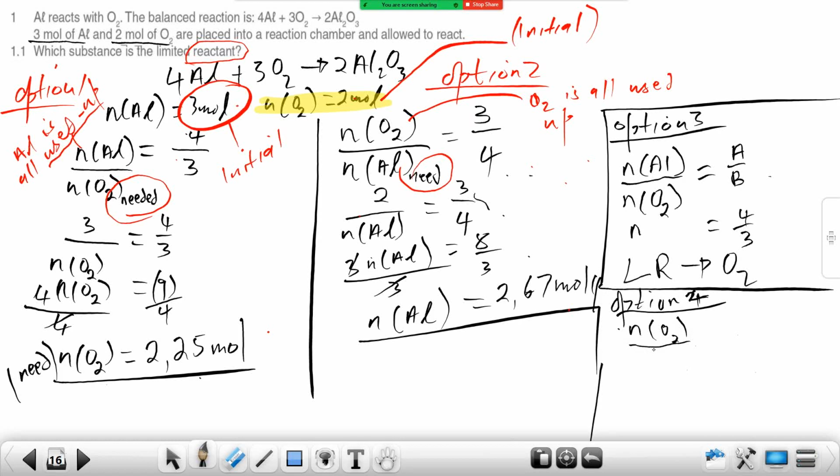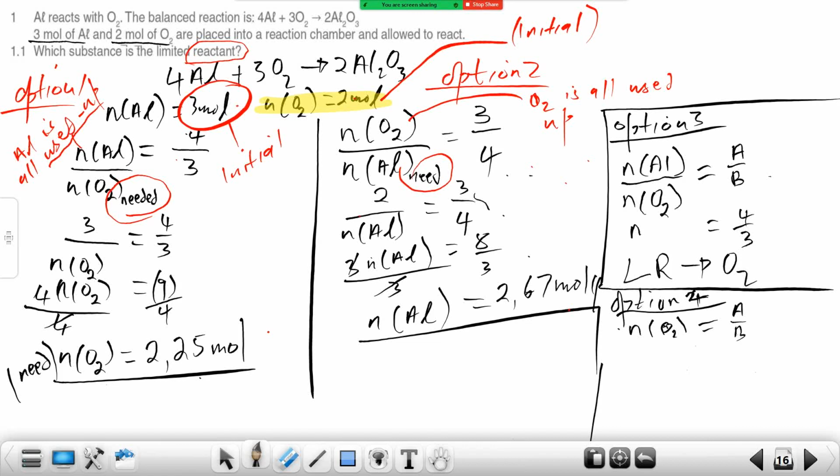It's N of oxygen equals A over B, multiplied on the right-hand side by N1, the number of moles of aluminium.